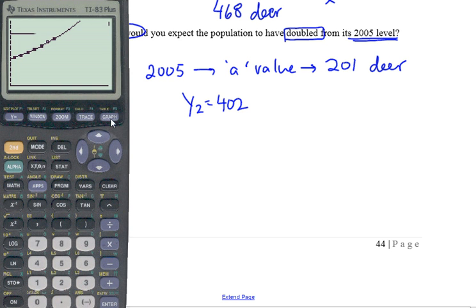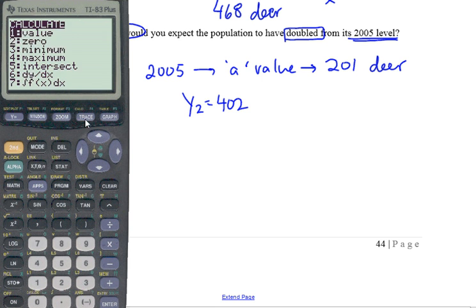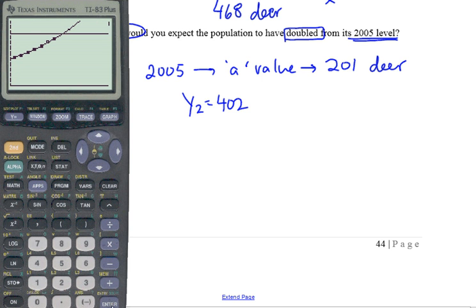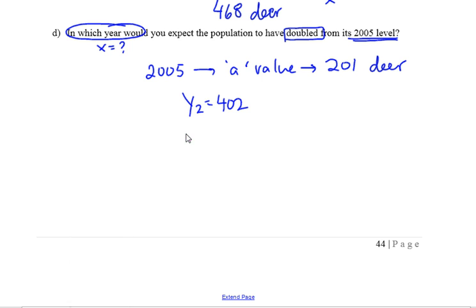402. Graph it. If you're zoomed out already, things are good. And now what? Intersect. Second trace 5. 1, 2, 3. Okay. So to the nearest what? Oh, so it's 8.2 years, but what are they asking? In what year?